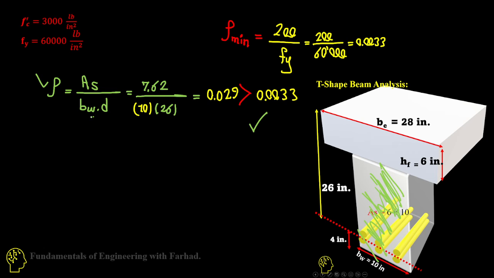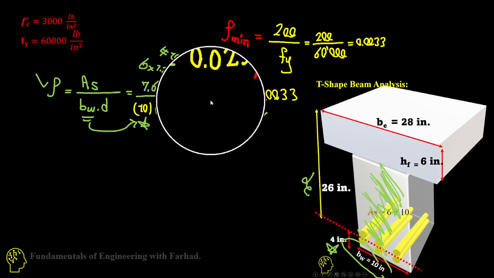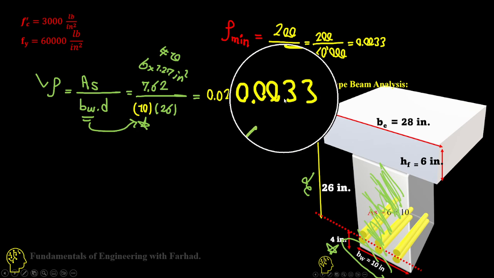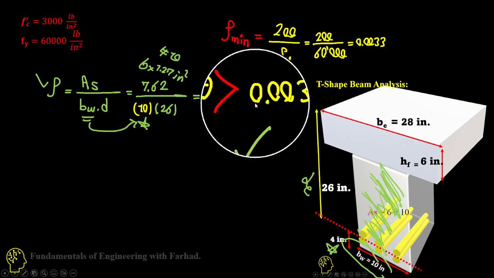So bw is 12, and AS is 6 times 1.27 inches squared for number 10 bars, over bw times the effective depth. If you do the math, it gives you 0.029. That's definitely higher than 0.0033. So we are ductile; we meet the requirement for the minimum ductility.